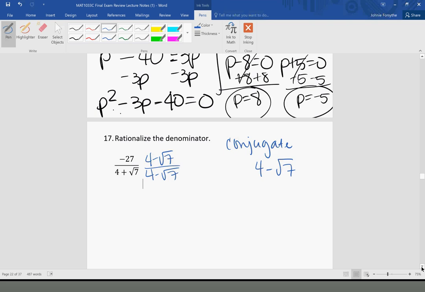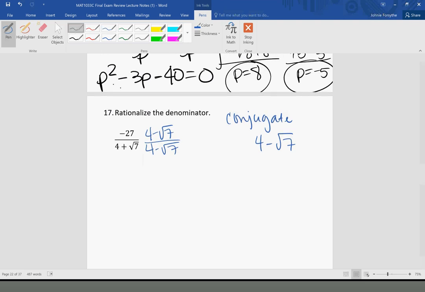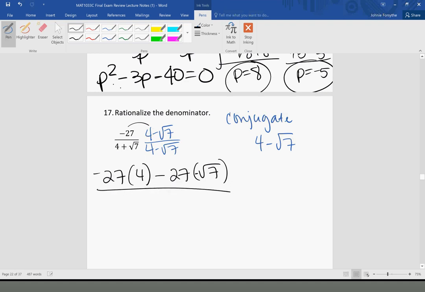Okay, so at the top, we're going to have negative 27 times 4, and then we're going to have negative 27 times negative root 7. And then at the bottom, we've got 4 plus root 7 times 4 minus root 7.